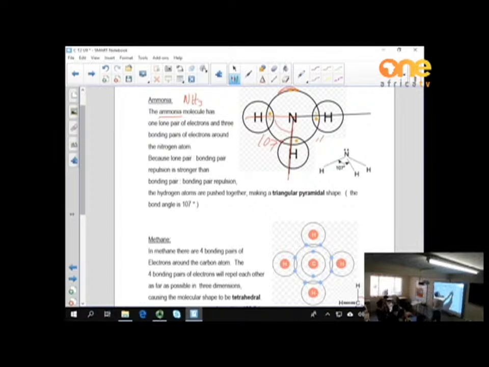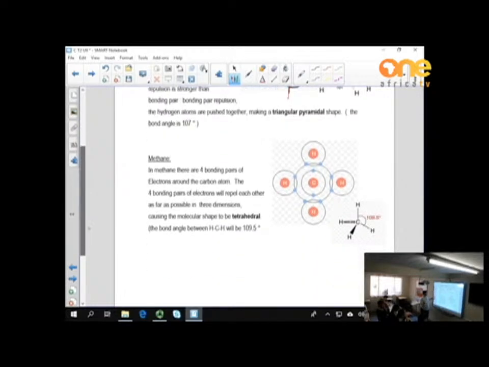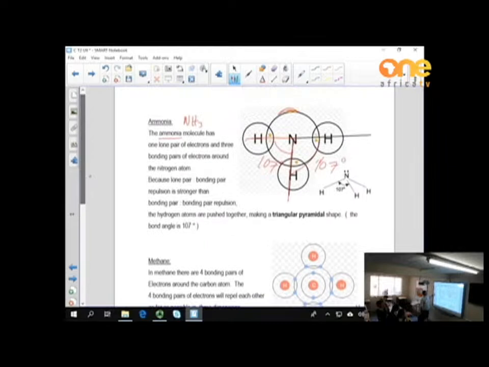Same over there as well, 107 degrees. The last one, we call the shape of the ammonia molecule, where we have a single atom over here and 3 on the bottom, forming a triangular base. We call that triangular pyramidal or just pyramidal.